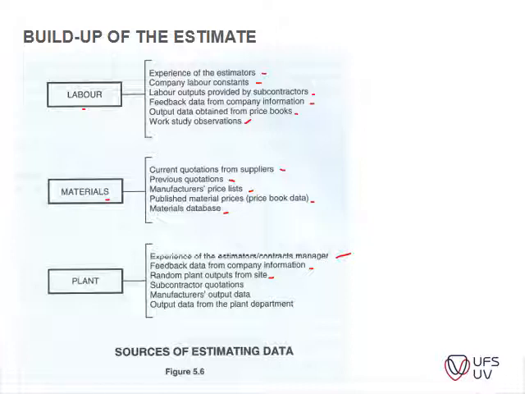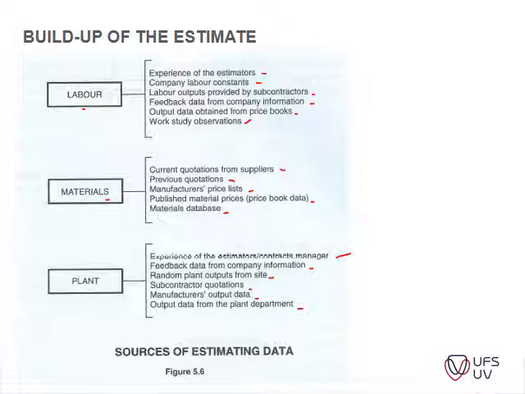And then you've got your subcontractor quotations that will also assist with that, and manufacturer output data from plant material. Your schedule is very important for your plant calculation, because again, your plant is divided into a rate per hour or so, which is then converted and compared to your schedule on how long you will need that specific excavator on your site.